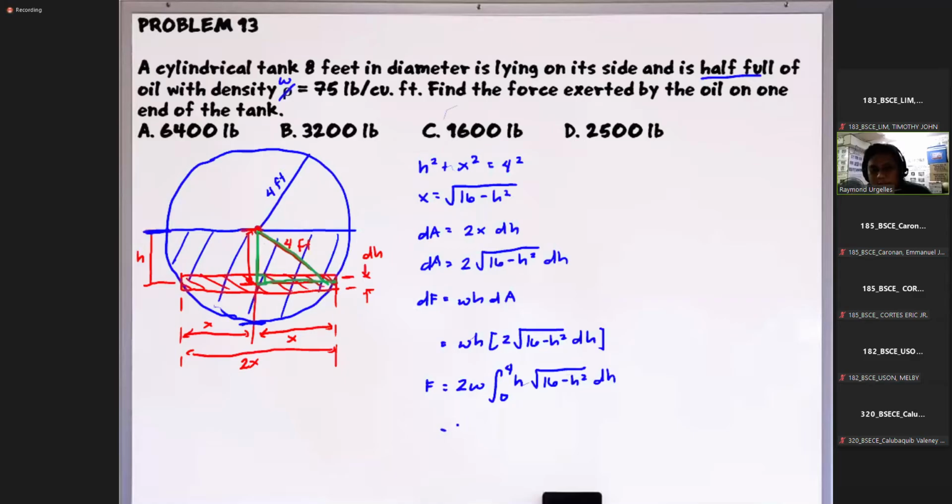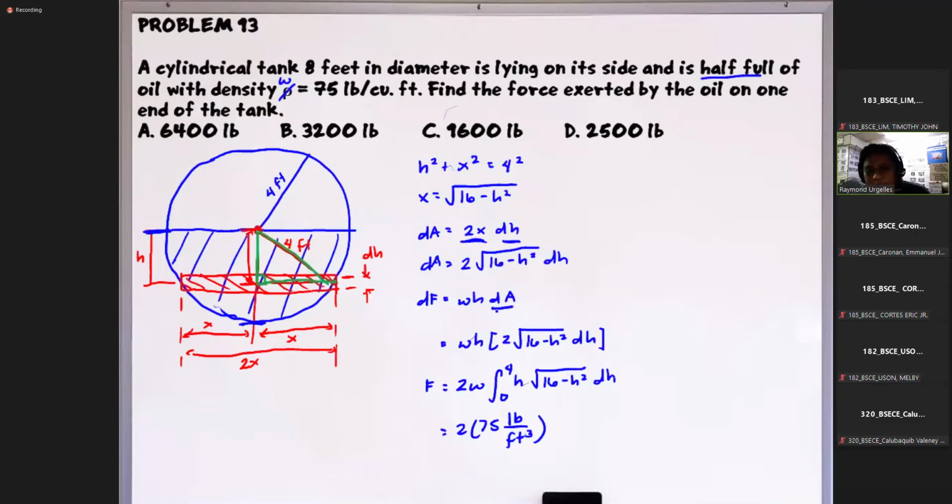Okay? So ano yung omega natin? Omega is 50 or 75. So omega natin ay 75, okay, so this is pounds per cubic feet. So yung masosolve natin dito, remember yung 2x natin dito, saka itong dh na to parehong feet to, kasi they are measure of distance. And feet yung ginamit sa problem, so therefore this is in feet.